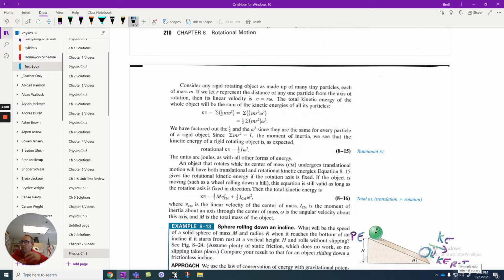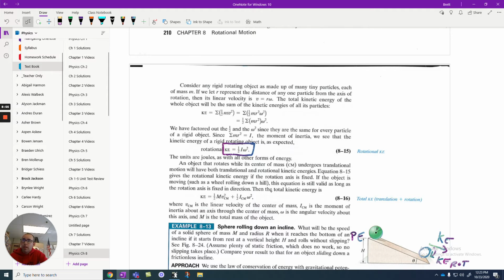And so we would have to talk about rotational kinetic energy and translational kinetic energy as two separate things. But the nice thing is, when we're talking about rotational kinetic energy, there's a very simple formula that looks a lot like the one we know for regular kinetic energy or translational. Here, the rotational kinetic energy is 1/2 the moment of inertia times the angular velocity omega squared.